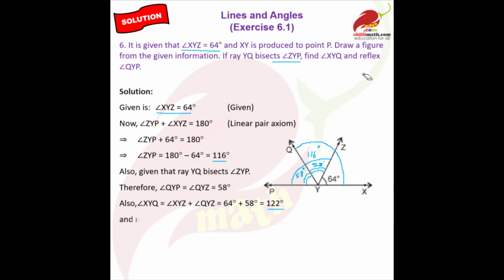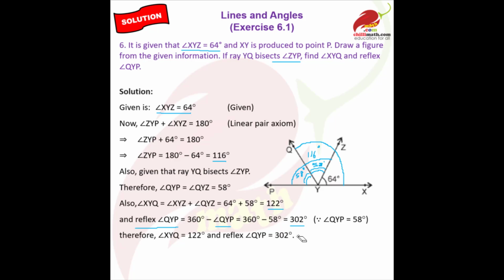Another thing we need to find reflex of QYP, as QYP is equal to 58 degree, so its reflex angle will be equal to 360 minus QYP, that is 360 minus 58 equal to 302 degree. Therefore what we required, XYQ, which is 122 degree, and reflex angle of QYP is equal to 302 degree.